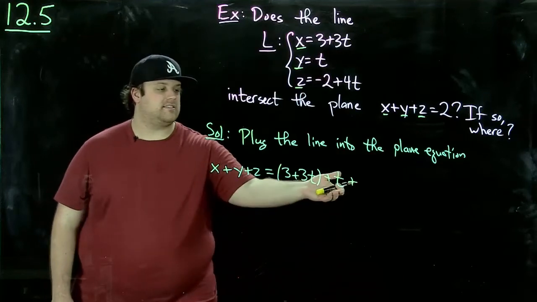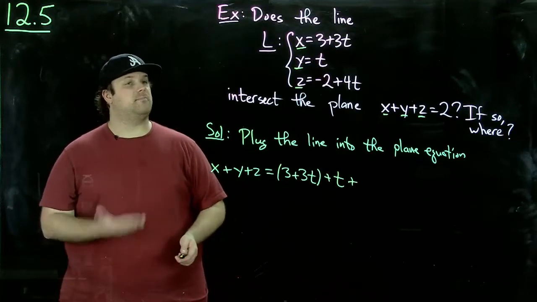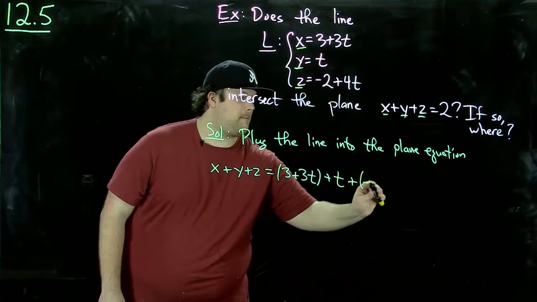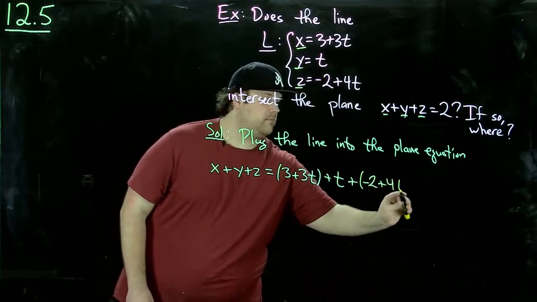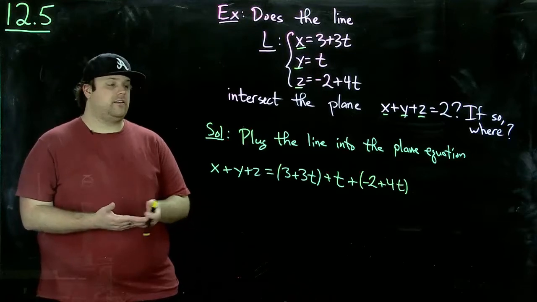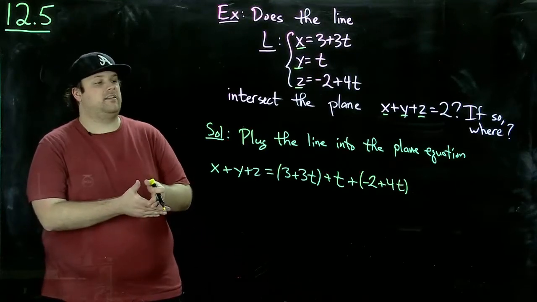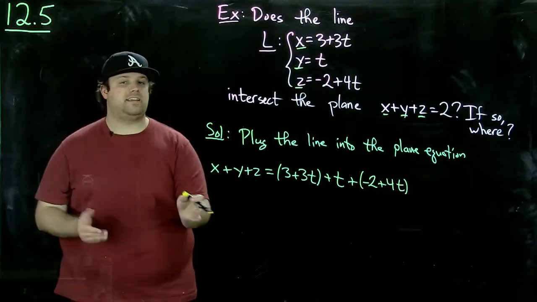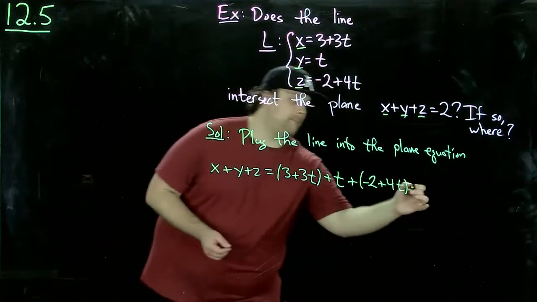So this is the x, this is the y, and z is minus 2 plus 4t. And if that line ever hits the plane, we know that x plus y plus z has to equal 2.